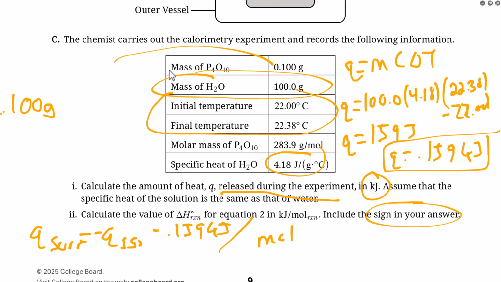So 0.100 grams of P4O10. I'm going to need to get the molar mass of this. Find that on my handy dandy periodic table. Let me figure that out real quick. So 283.88.